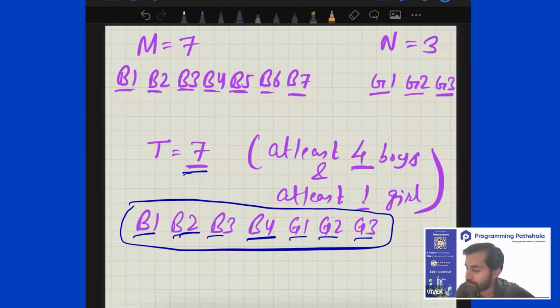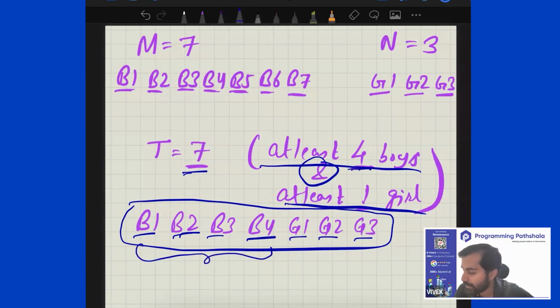Is it a valid team that follows this and this rule? Yeah, it does, right? Because what did we want? We wanted at least 4 boys, and how many boys are there? There are 4 boys. And at least 1 girl, so we have 3 girls. So yeah, this team is totally valid.